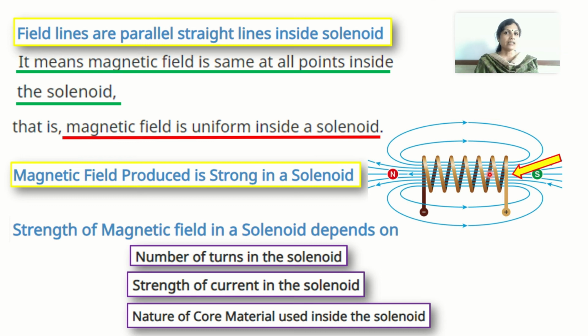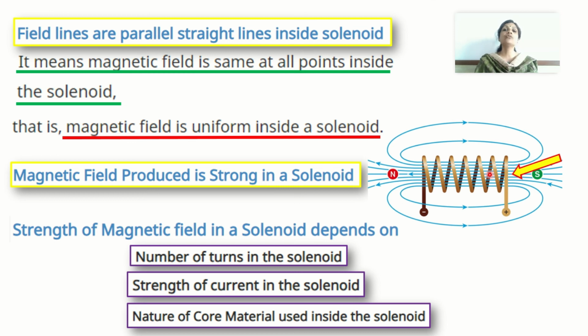Alright, and the magnetic field produced by the solenoid is very strong as compared to the straight conductor, circular loop or anything else. So the magnetic field produced is very strong in the case of a solenoid. And the strength of the magnetic field depends upon certain factors, that is, the number of turns in the solenoid.